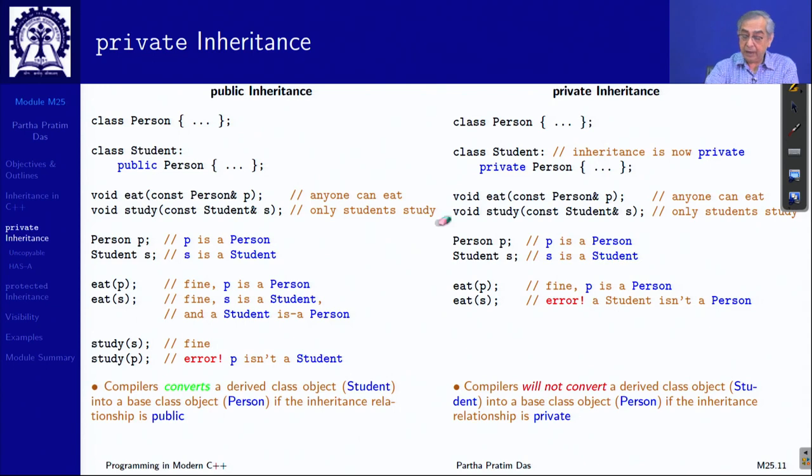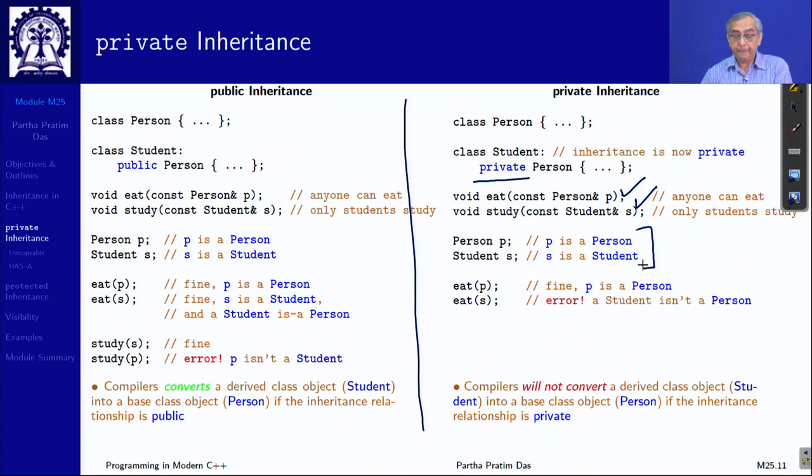This is a re-emphasis of what we have already seen. Come to the right side, change it to a so-called private inheritance. These functions are the same, the creation of the instances are the same.